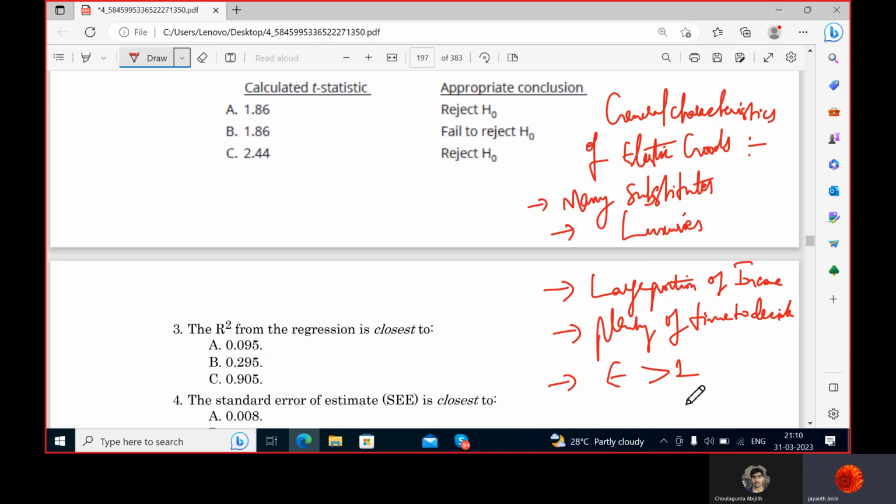These are the characteristics. So I'll give you an example.